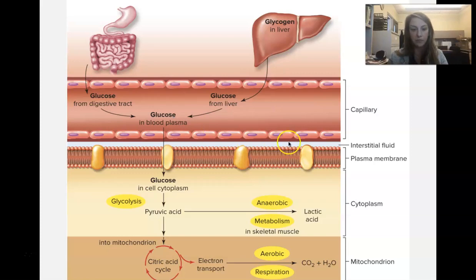Okay? And so then what happens is your cells, this can be any cell that has a mitochondria in it, cells take that blood glucose and they transport it into cells and then put it into these 3 processes. So here's glycolysis, here's the citric acid cycle, and then here's electron transport. And those three processes together is aerobic respiration.